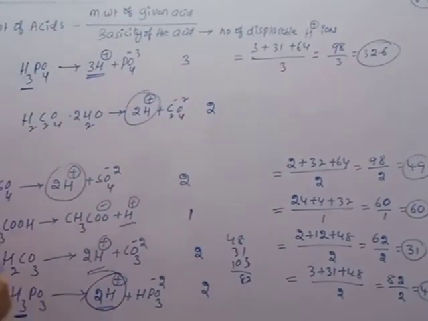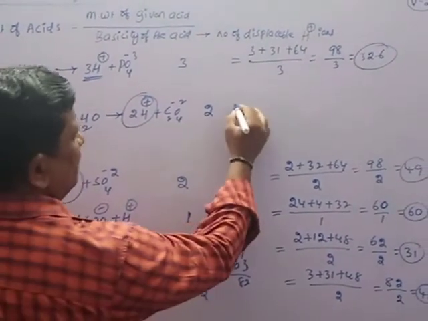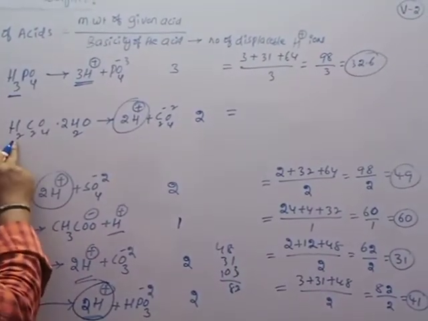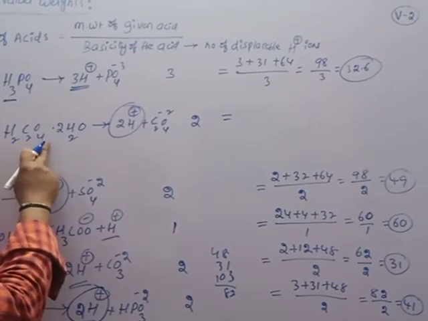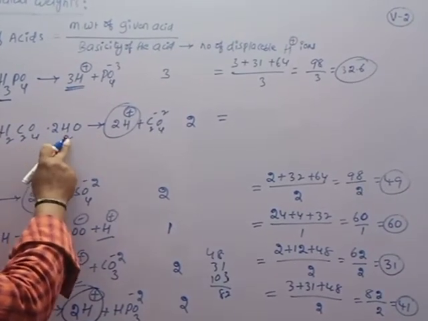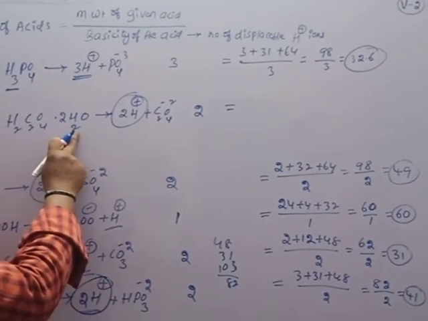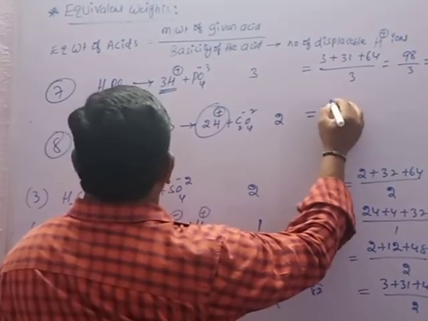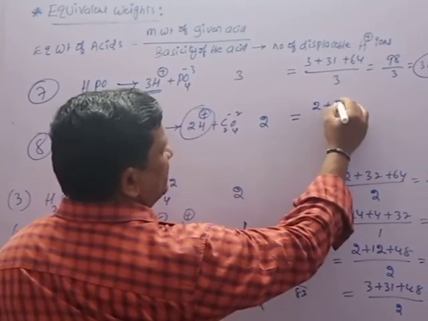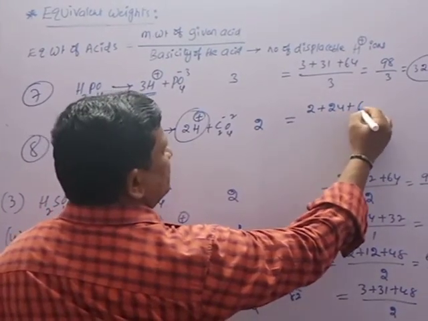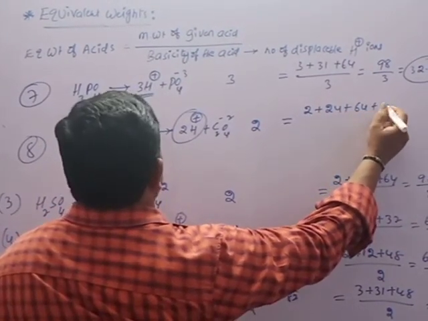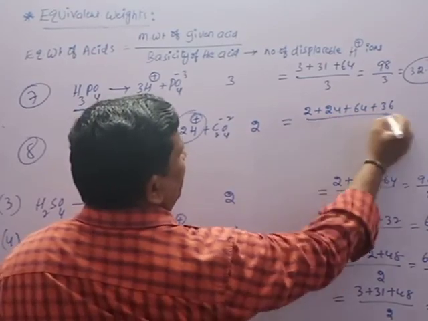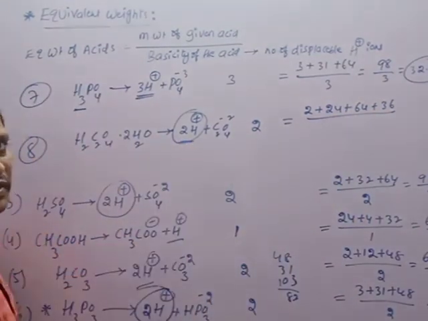Now the equivalent weight is, H2 is 2, C2 is 24, O4 is 64, plus the water 2H2O: 16 plus 2 is 18, 18 times 2 is 36. So H2C2 is 2 plus 24 plus 64 plus 36, divided by the number of displaceable hydrogens, 2.